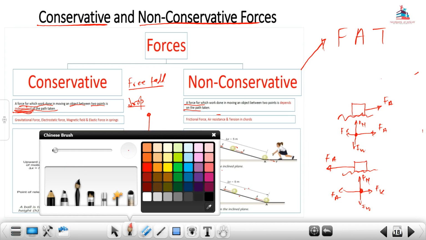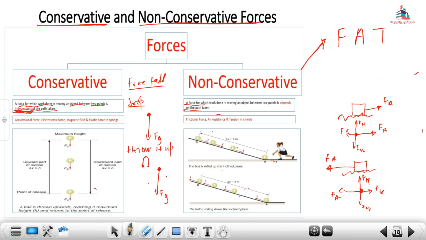Okay, it's easy for me to see that these forces here are the forces that are doing work 100%. But look at the direction of my friction if this is the direction of the motion. And if this is the direction of the motion, what does it do? It also changes direction with the direction of the motion.